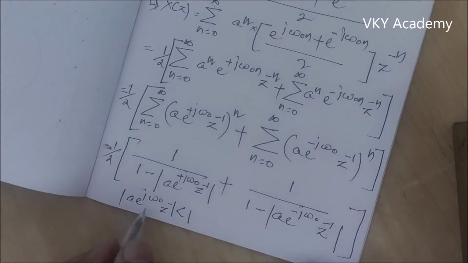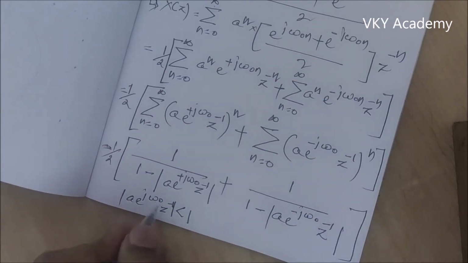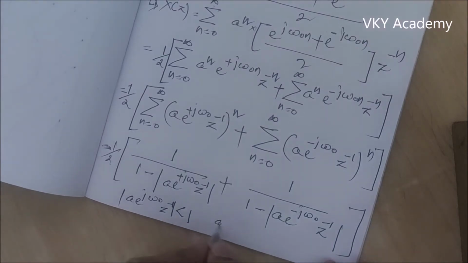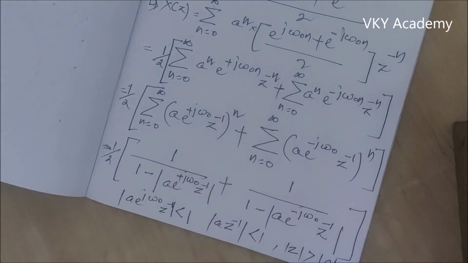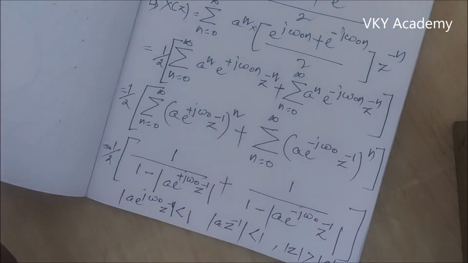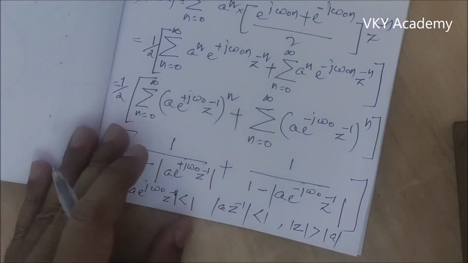And as we know, the modulus of e to the power j omega naught is equal to 1. So it will be mod of a z inverse is less than 1, which is ultimately mod z is greater than mod a. So in this way we can determine the Z transform and the region of convergence.